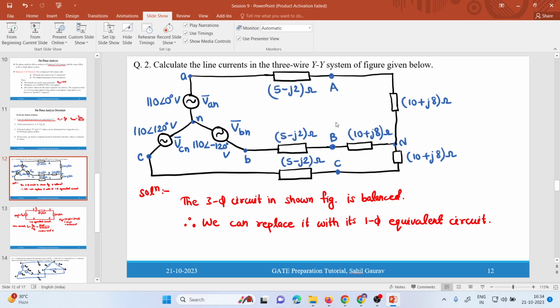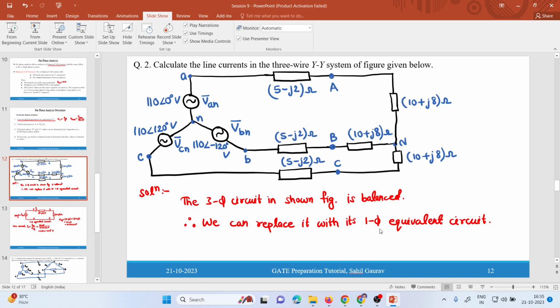Like for power, it is always given as three phase power, and for voltage, it is always given as line to line voltage. For voltage, if nothing is mentioned in the problem, what should you assume, line voltage or phase voltage? Line voltage.